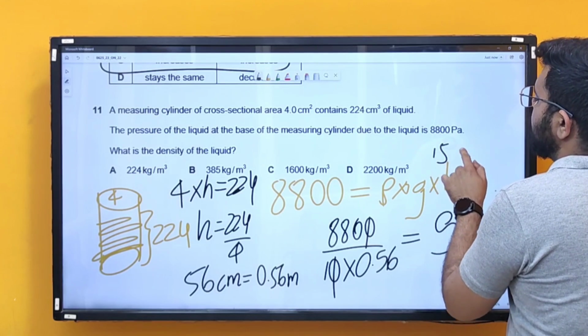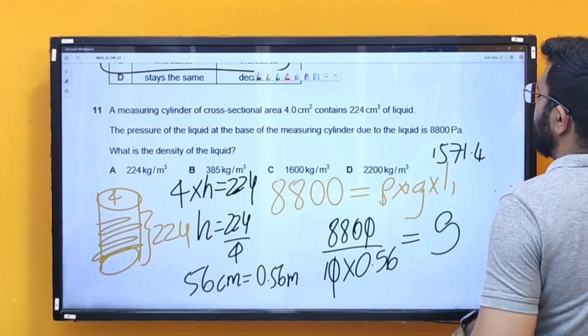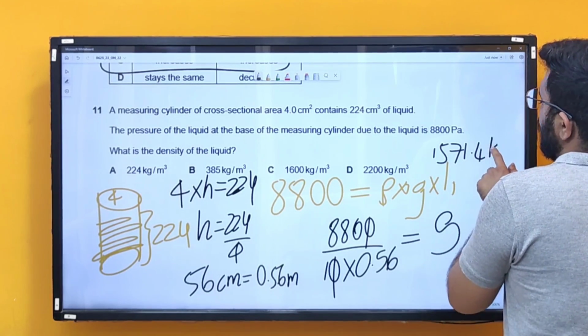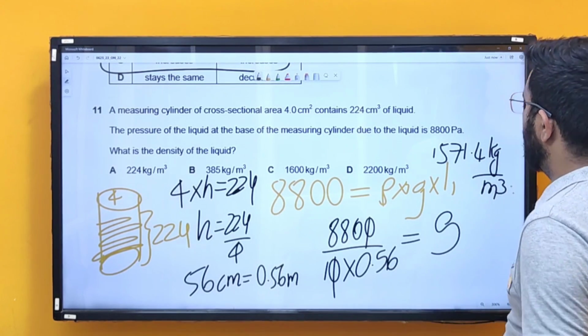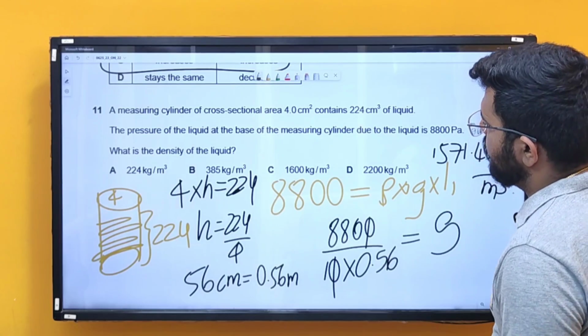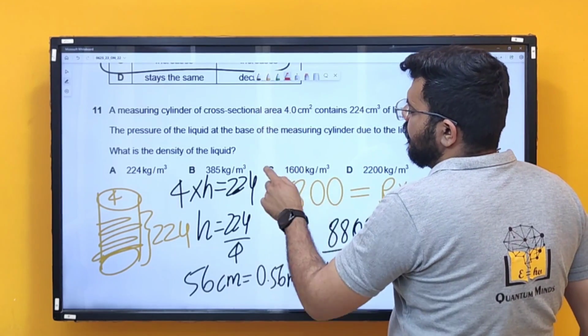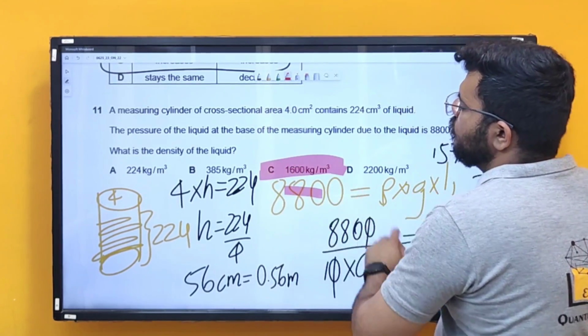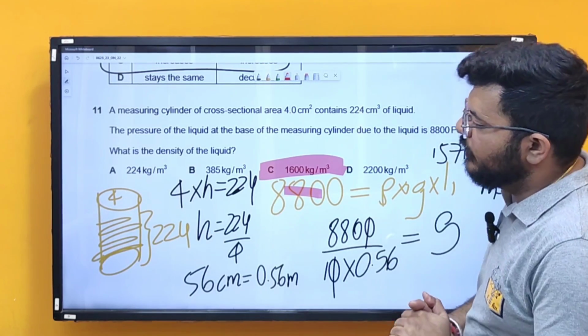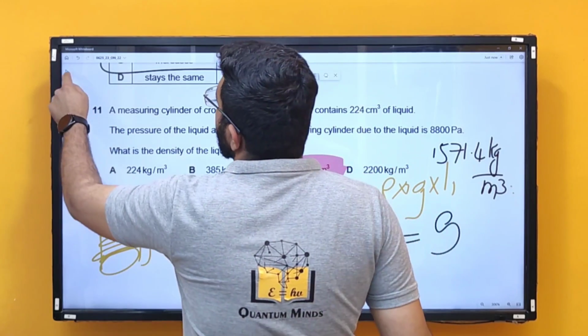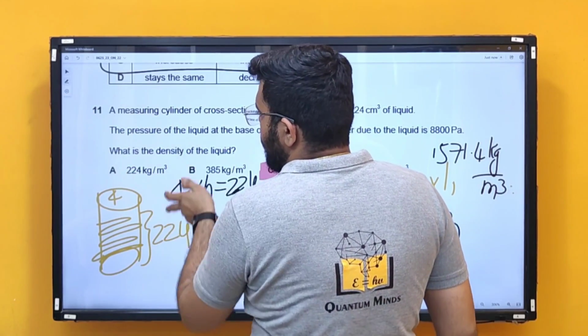So 1571.4 is the density of the liquid in kg per meter cube. Okay, let's see what our answer is. C. This is the closest round off to 1571.4 kg per meter cube, and that's why we will select this answer.